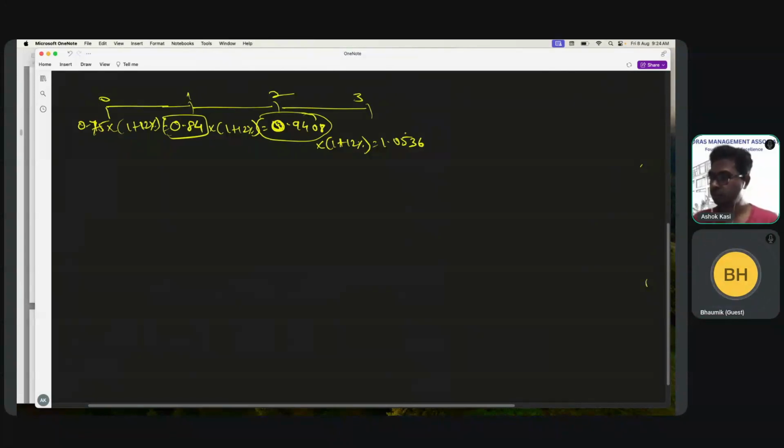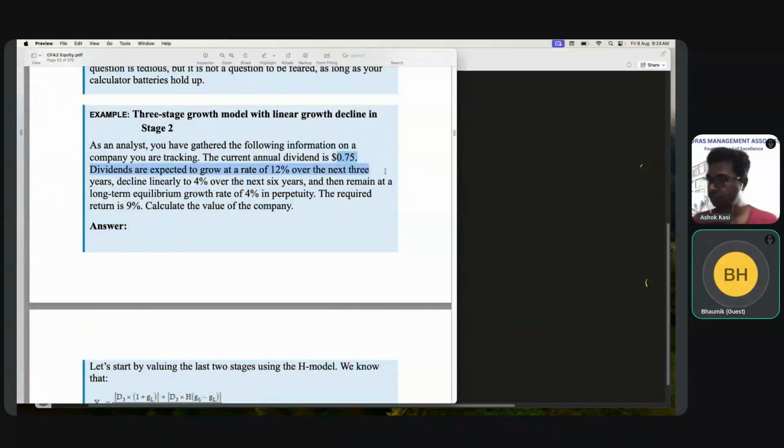So 12% for 3 years and then decline to 4% over the next 6 years.